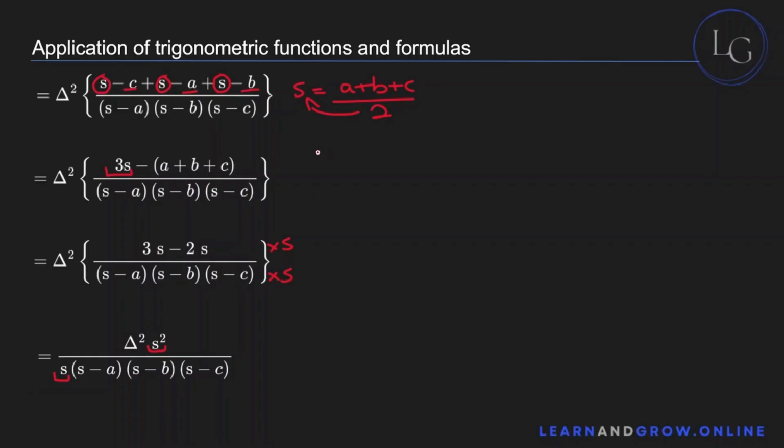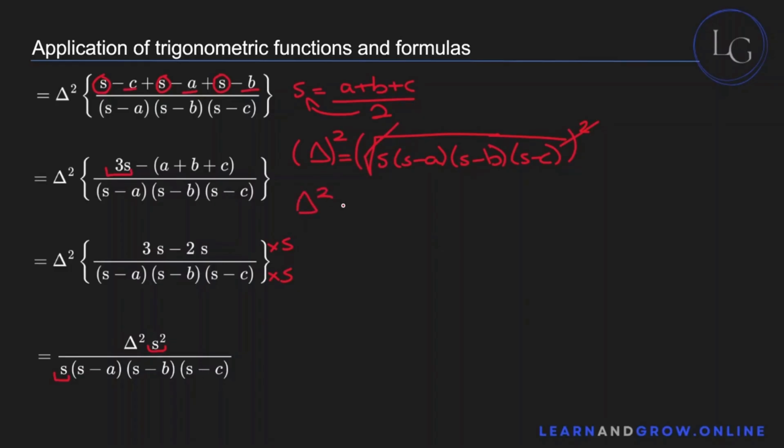Now, if you remember the Heron's formula, it states that the area of a triangle is equal to under root S into S minus A into S minus B into S minus C, right? Whole under root. Now, you can simply take the square on both sides, so that you can cancel out this under root sign.